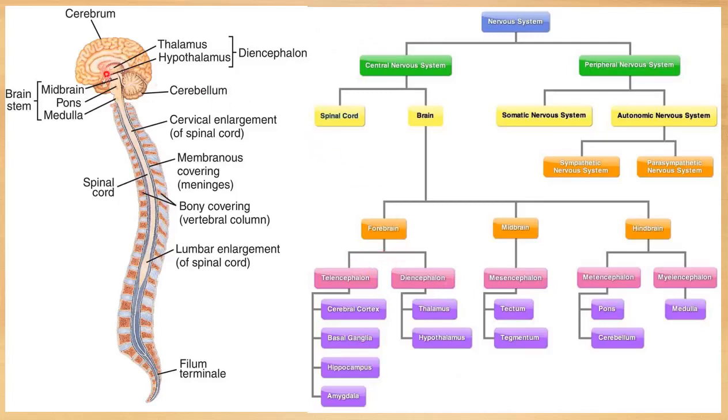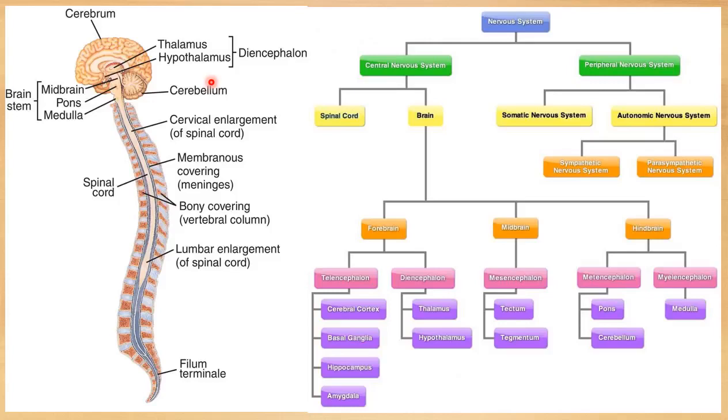Here you are able to see a mass of structure. This is called the diencephalon, which constitutes your thalamus and the hypothalamus. It is mainly a sensory integrating center, about 90% of it.